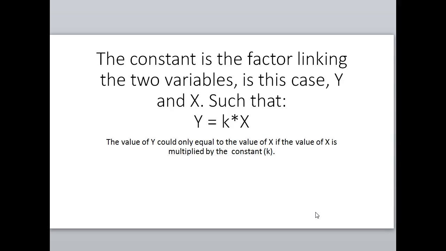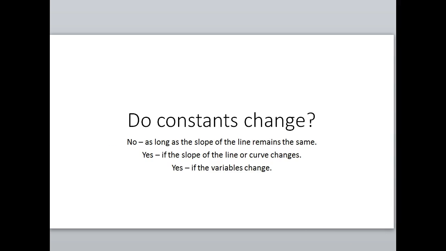So the value of y could only be equal to the value of x if the value of x is multiplied by the constant. And of course it's the same thing. The value of x could only be equal to the value of y if the value of y is multiplied by a constant.